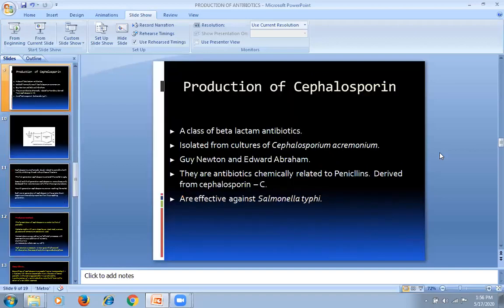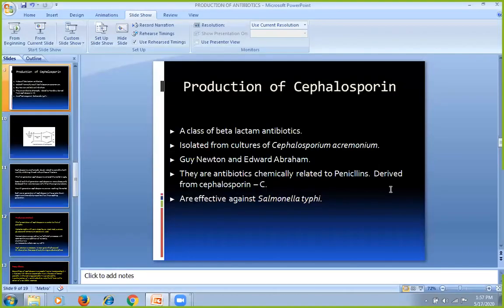So next, coming to cephalosporins. The cephalosporins are also very important antibiotics. They are the largest and most diverse family of beta-lactam antibiotics.